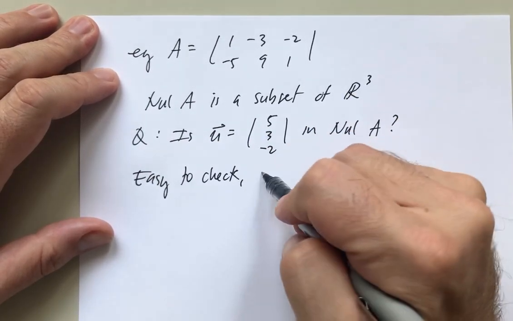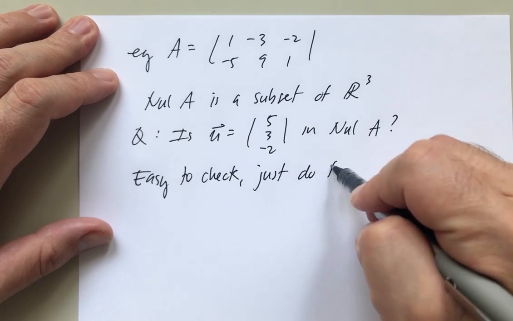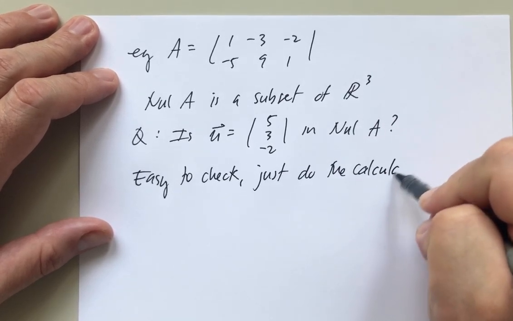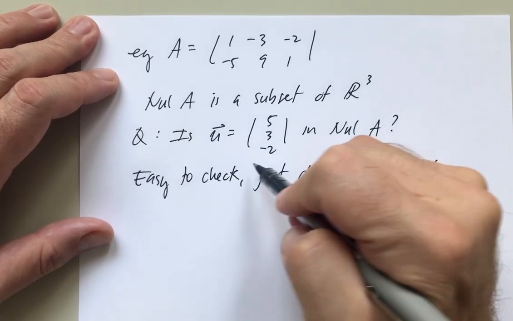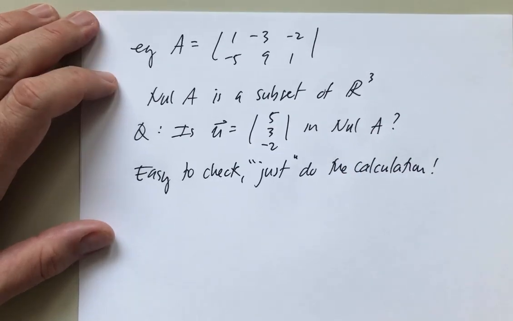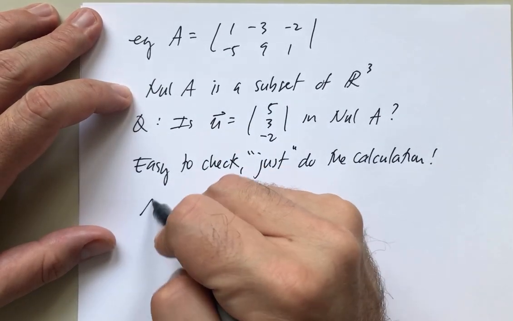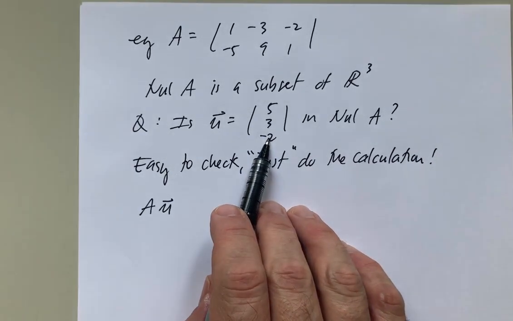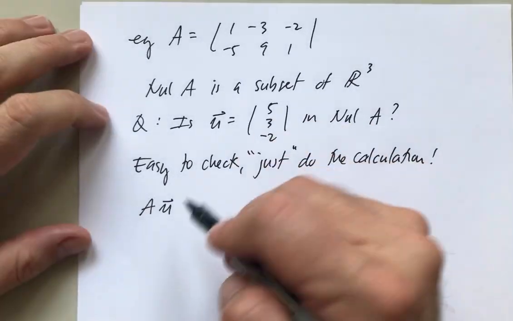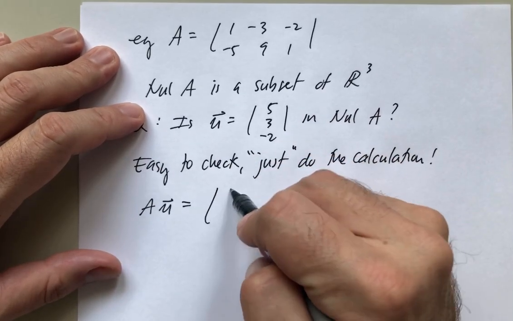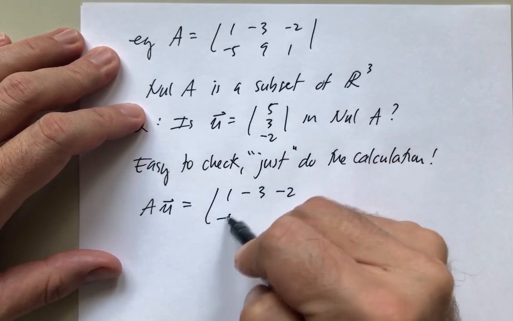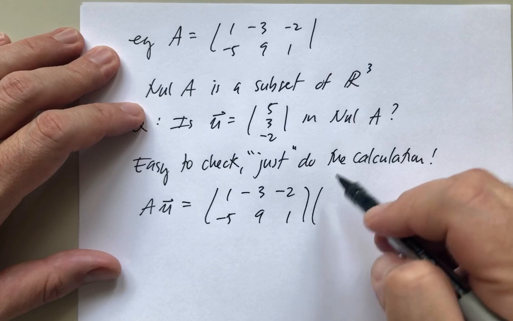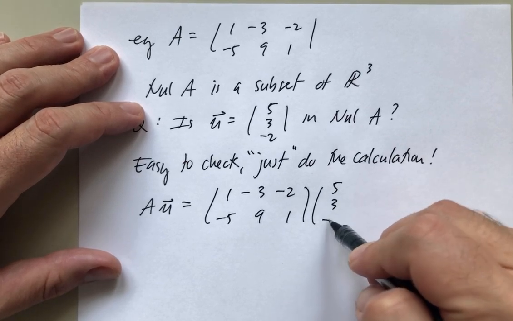All you have to do is the calculation. It takes some work, but it's pretty straightforward. All I have to do is say, what is A times u? I want to know, is this a solution to the homogeneous system Ax equals 0? So I'll consider A times u, which is A times (5, 3, -2).